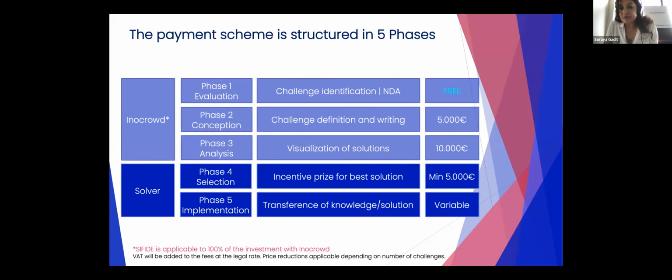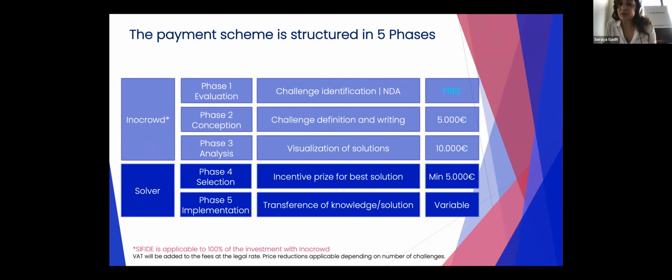These are our business models. Any seeker, any organization that wants to submit a challenge, related to innovation of any kind of product or technology, has to first pay us 5,000 euros, and then to see the solutions, within 60 days, they have to pay us another 10,000 euros.